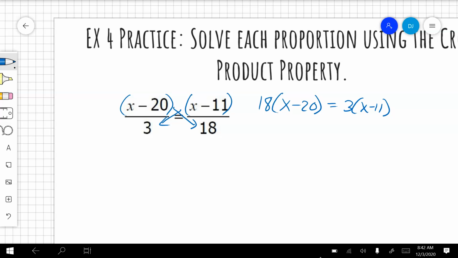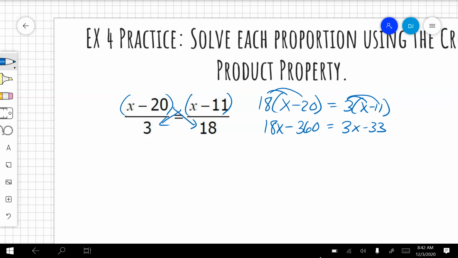Okay, and the next step is we're going to go ahead and distribute that first term to both terms on the inside. 18 times 20, hold on, 18 times 20 is going to go ahead and give us 360, and 3x minus 33.